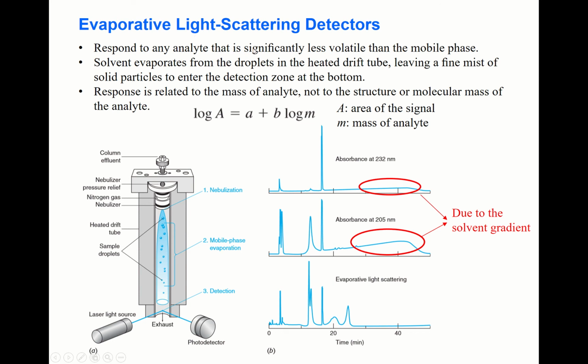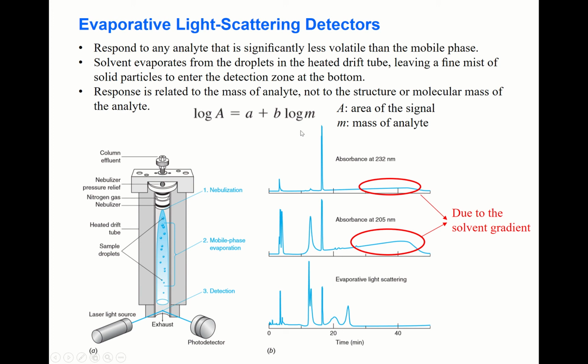For light scattering, this is the property of light as a wave. The light is scattered by particles. For better scattering, when the light wavelength is similar to the particle size, you can have a very strong scattering.